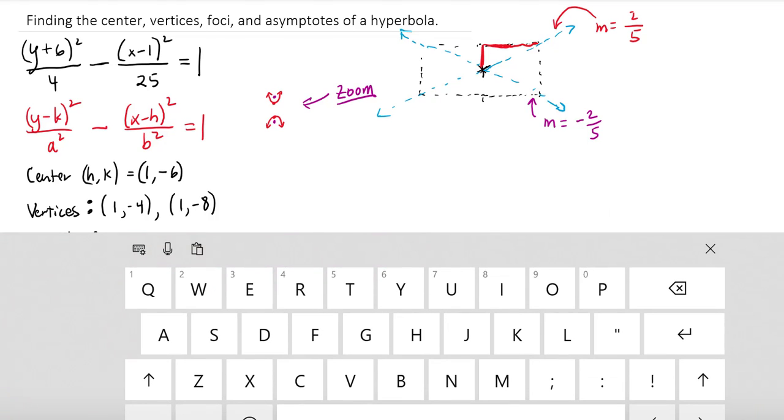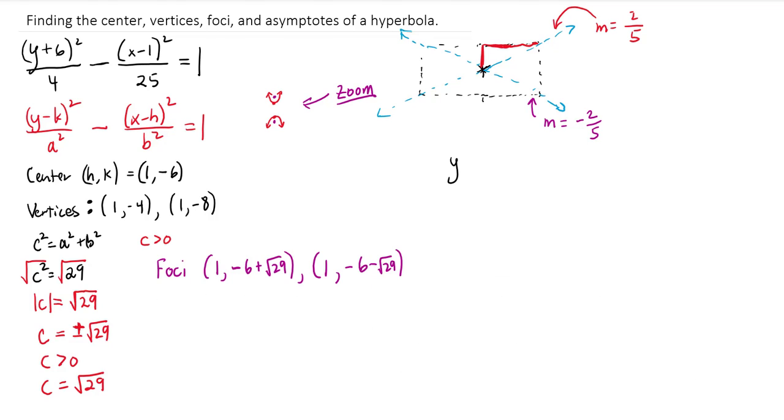So the first one is y minus y1 is equal to m. Let's call this m1 and let's call this one m2. So m1 times (x minus x1). Now what am I going to use for x1 and y1? Well, why don't we just use the center? So y plus 6 is now equal to m1, which is 2/5, times (x minus 1).